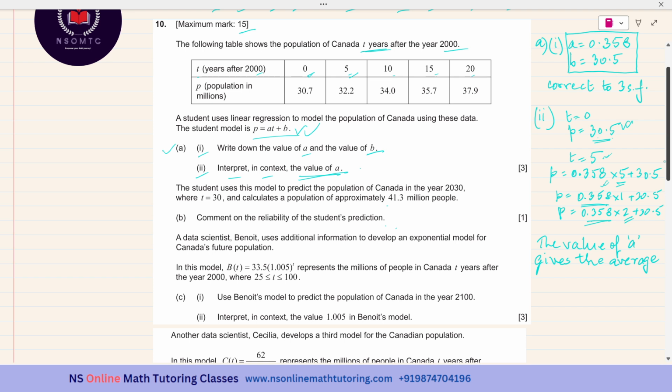On an average, growth of population in millions.